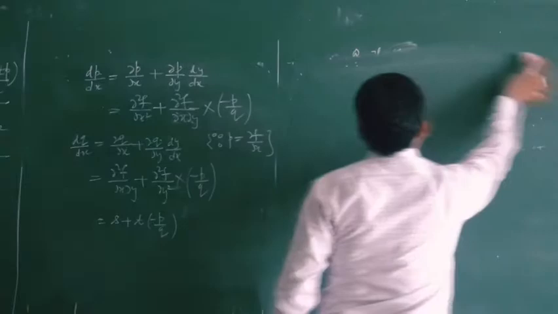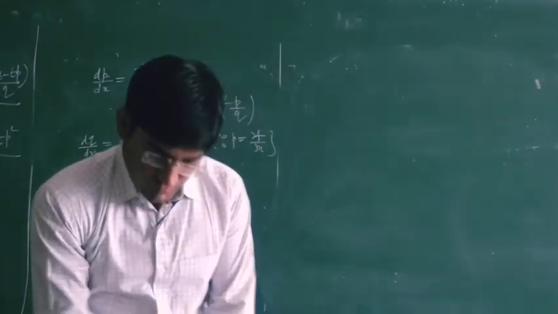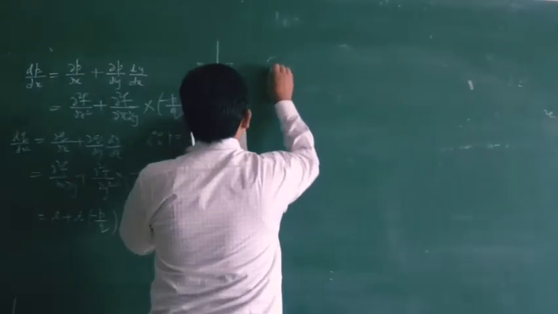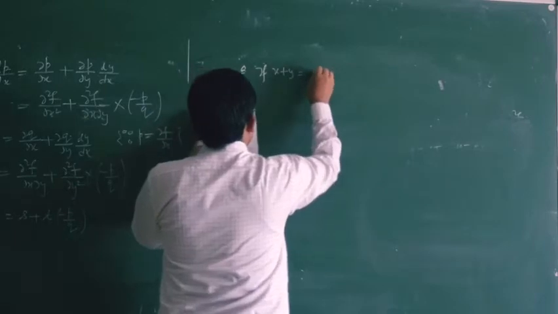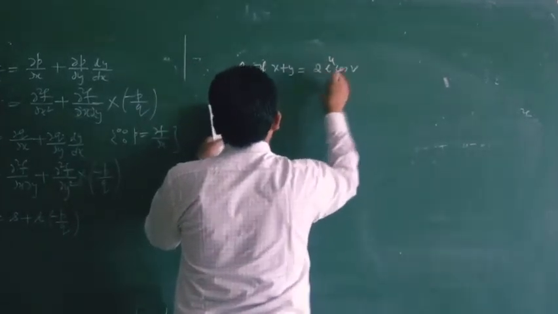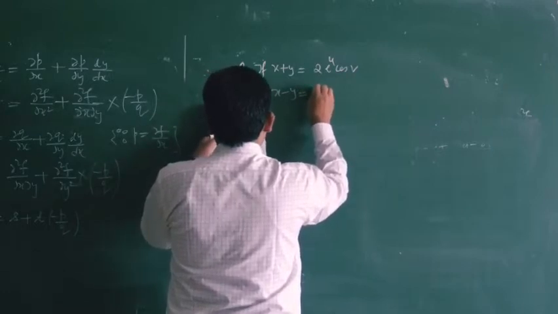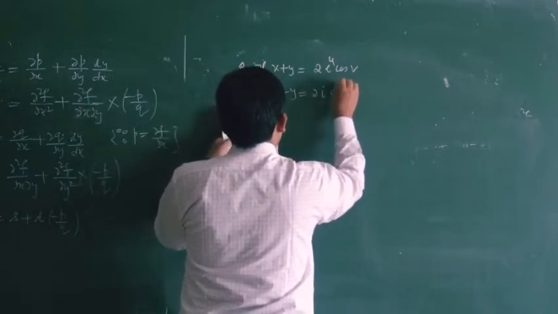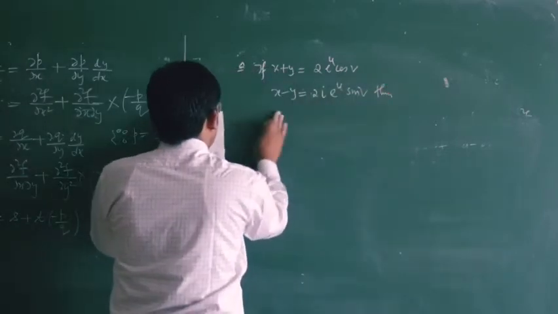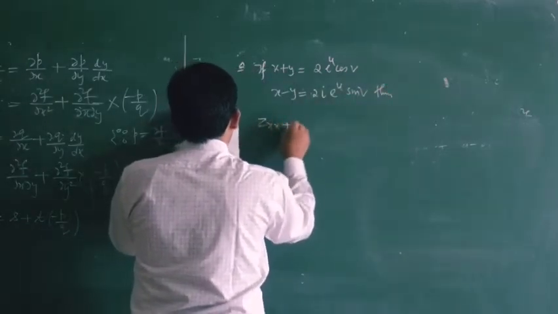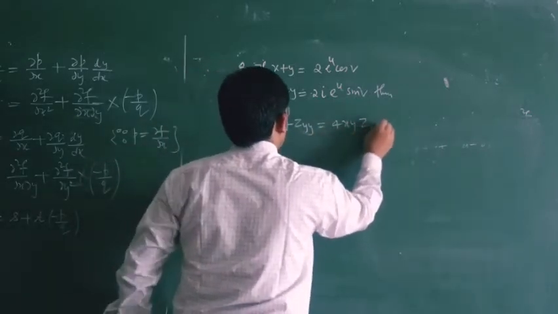The next question is based on change of variable. So the question is, if x plus y equal to 2 times e power u cos v, x minus y equal to 2 times i into e power u sin v, then show that z_xx plus z_yy equal to 4xy into z_xy.